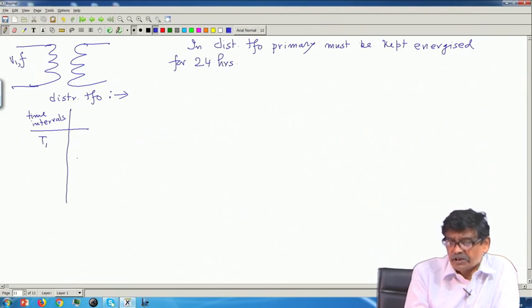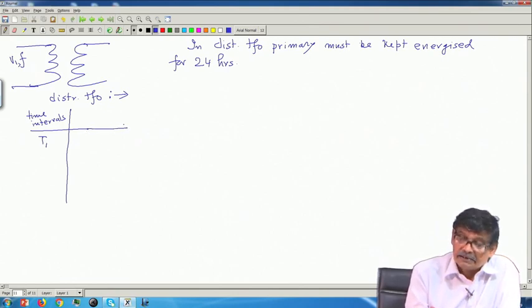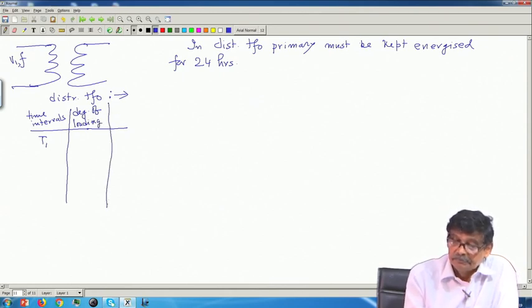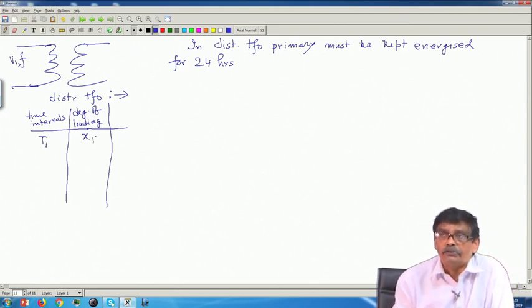For the first T1 hours, I find the degree of loading, next column, degree of loading, I say it is x1, because it is not full load always.